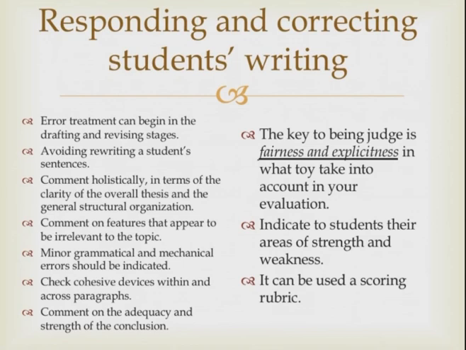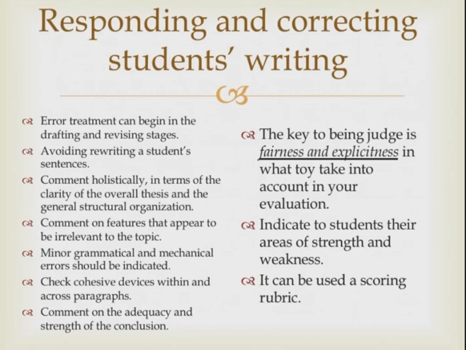Responding and correcting students' writing. Error treatment can begin in the drafting and revising stages. Avoiding rewriting a student's sentences. Comment holistically in terms of the clarity of the overall thesis and the general structural organization. Comment on features that appear to be irrelevant to the topic. Minor grammatical and mechanical errors should be indicated.